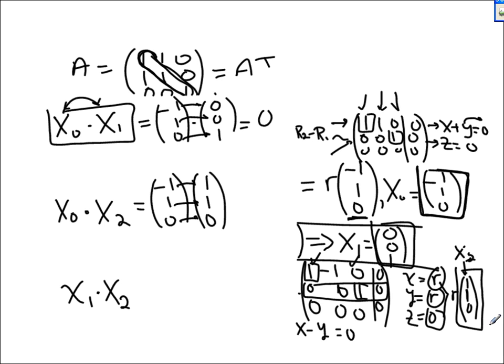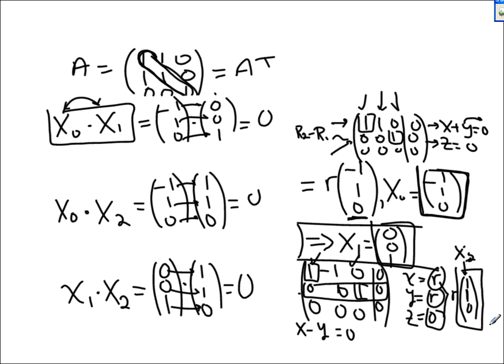Negative 1 plus 1 is 0, plus another 0 is 0. Looking good. Now I take x1 and I dot it with x2. That product is 0, that product is 0, that product is 0. 0 times 1 is 0. Add up those three zeros, you get 0.